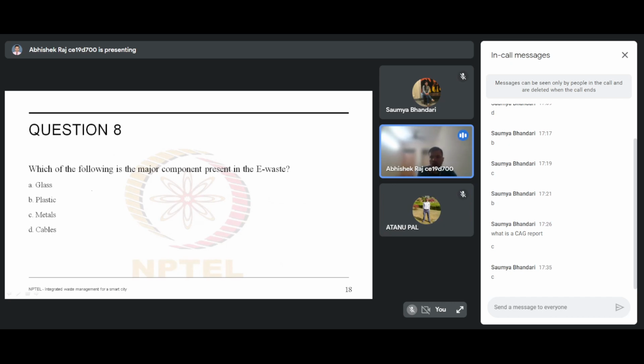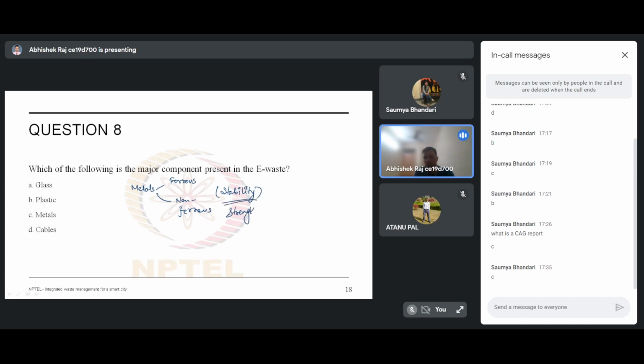When we talk about e-waste, the major component will be metals. There will be two types of metals. First are the ferrous metals, that is iron-based metals, and then there can be non-ferrous metals such as aluminium. The primary objective of using metals is to provide stability, or also we can say strength.